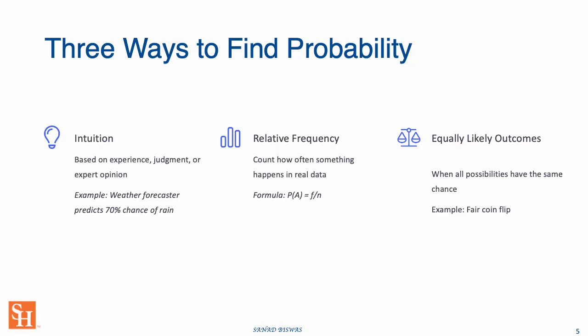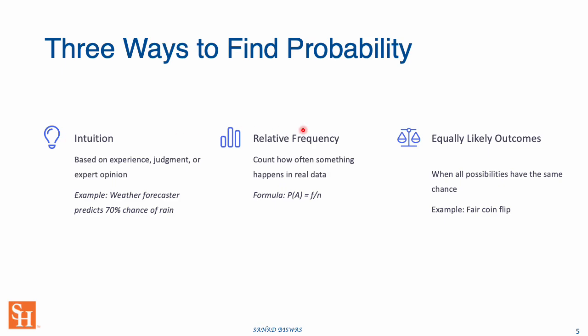There are several ways to calculate probabilities. One is through intuition. This is not probability in the actual sense, but we often use it in our day-to-day life. Suppose we say that the chance of rain tomorrow is about 70%. Are we actually calculating the probability? No, we are not. But through our expertise or intuition, we are making some assumption about the chance of rain for tomorrow.